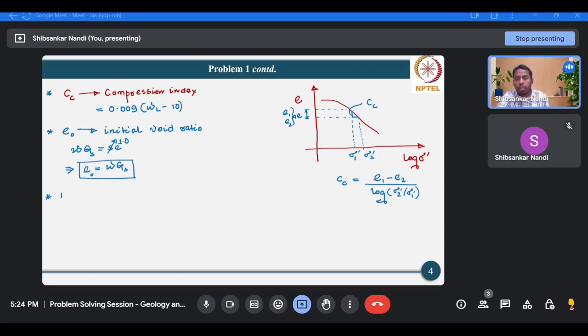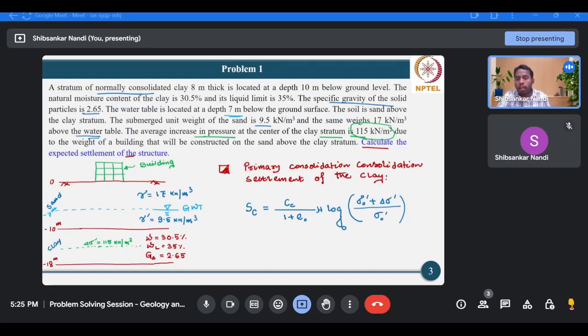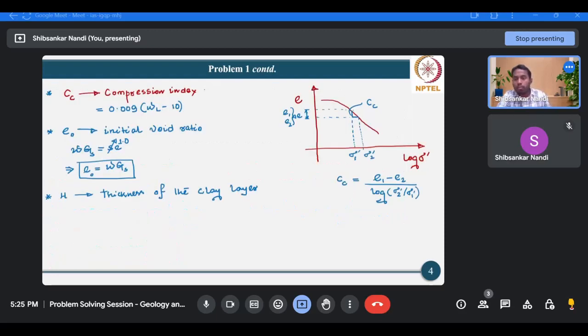Next, coming to H, capital H. This is the thickness of the clay layer. And we can easily say that this is 18 minus 10, that is 8 meter. The clay layer is 8 meter thick. Okay. Then coming to sigma 0 prime.